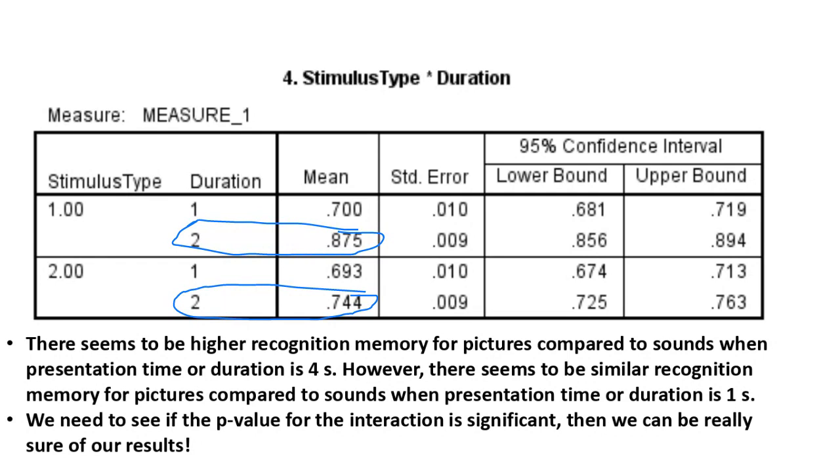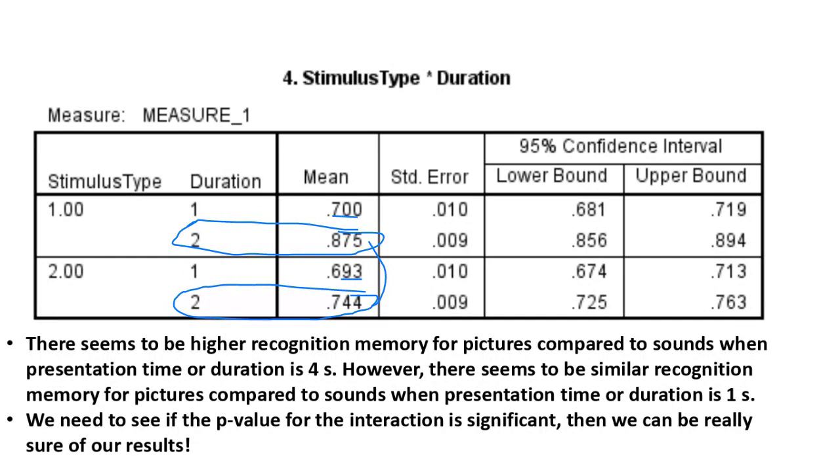Do you see a difference between the two means now? So 0.875 minus 0.744 is 0.13. So that means there is probably going to be a significant difference in the means for those two conditions between those independent variables. Whereas there was no significant difference between 0.70 and 0.693.